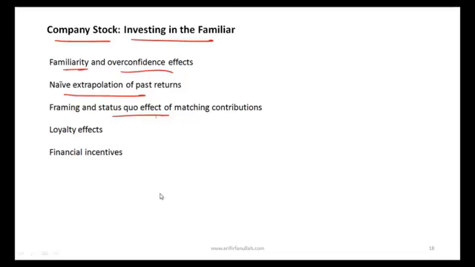Okay, so is that emotional or is that rational? That's emotional. And then actually a rational reason might be that the company is actually giving you a financial incentive. So if the company is saying that if you buy company stock, we'll give you a discount, there might actually be rational reasons for doing so.